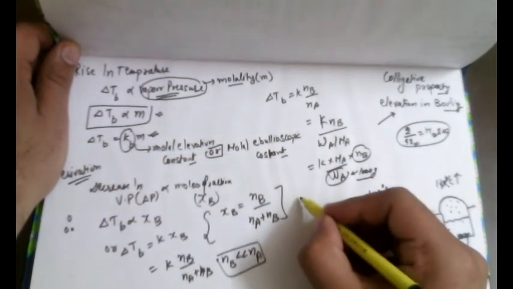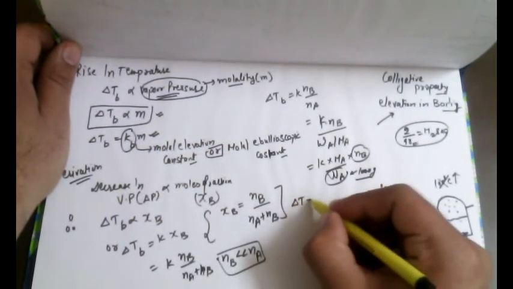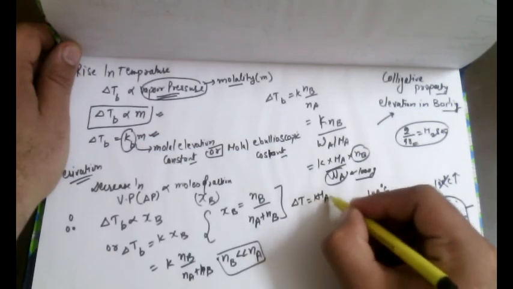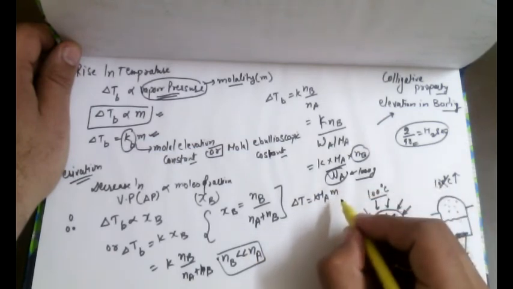So we write delta T equals K MA multiplied by molality.